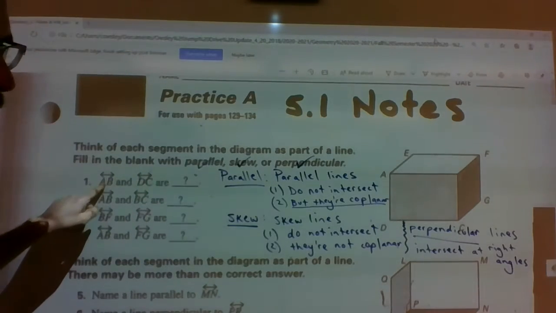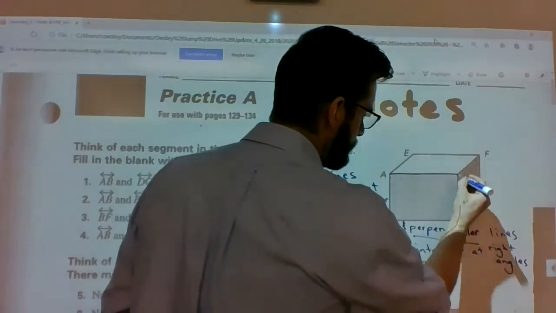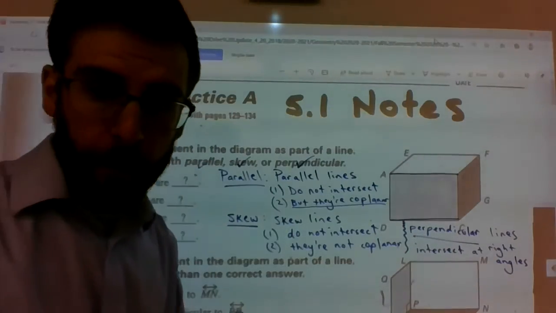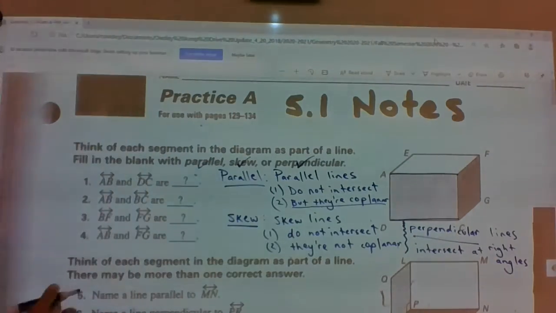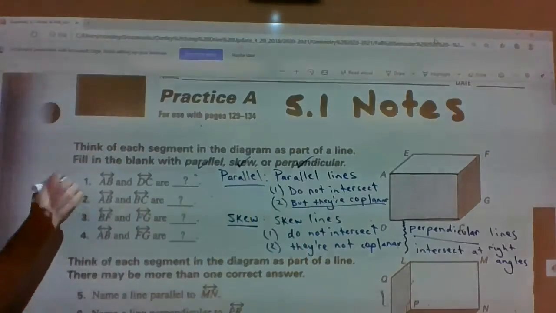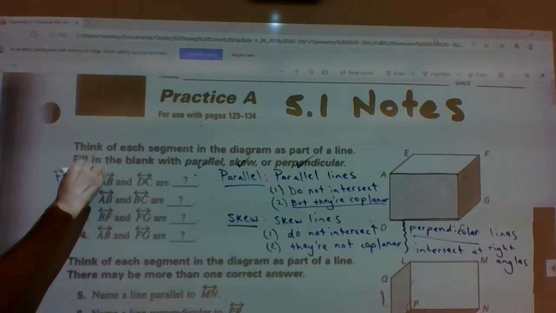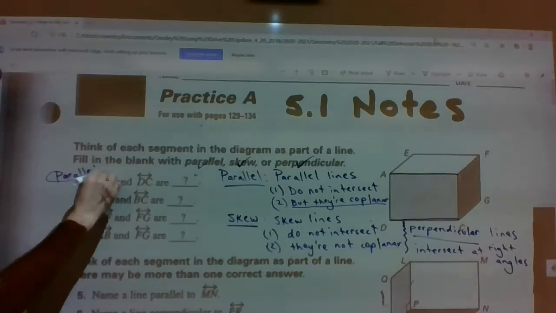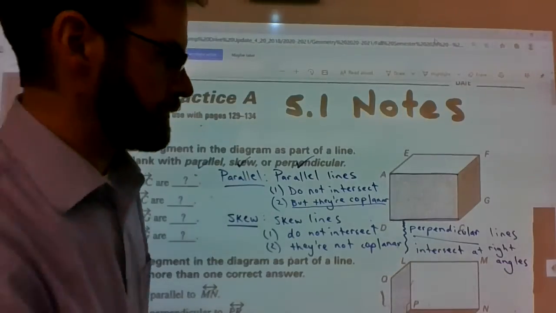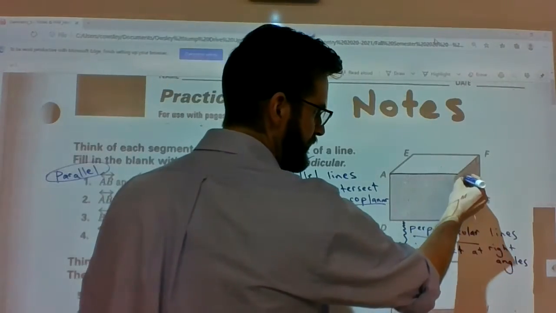So let's check out AB versus DC. Here's AB, here's DC. Those lines are coplanar, but they don't intersect. They are coplanar and they don't intersect, so those would be parallel. So number 1 would be parallel. How about AB and BC? Here's AB, here's BC.